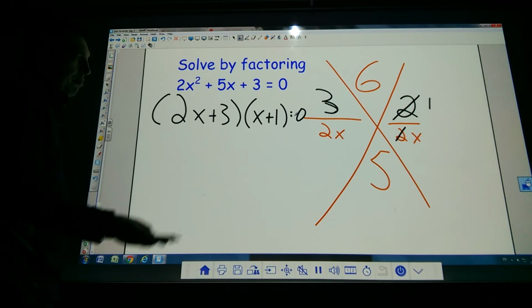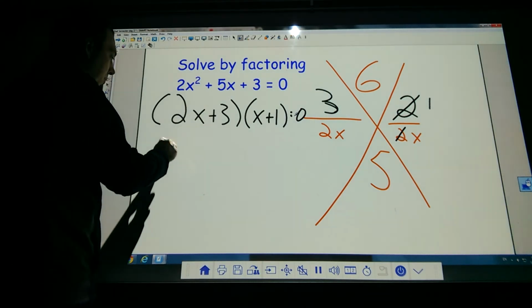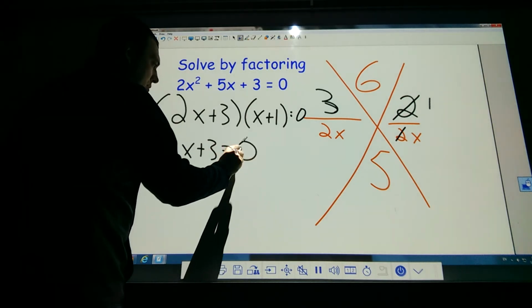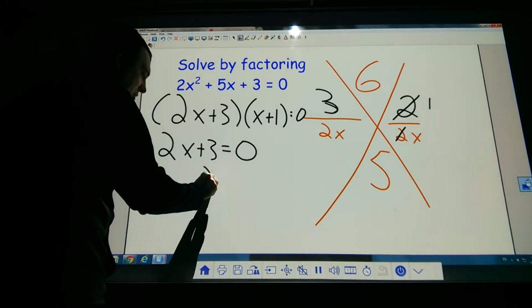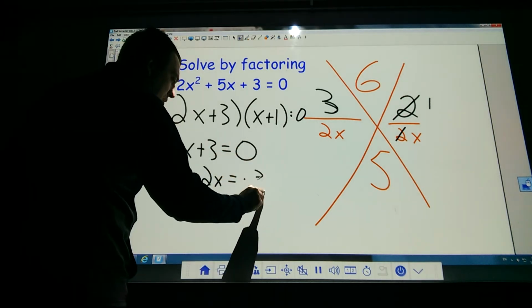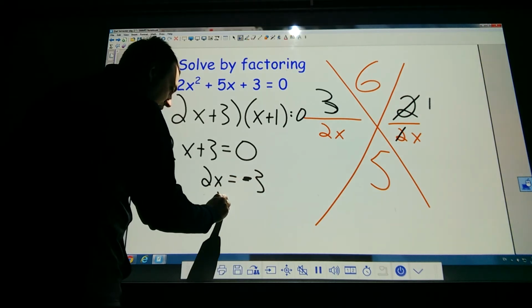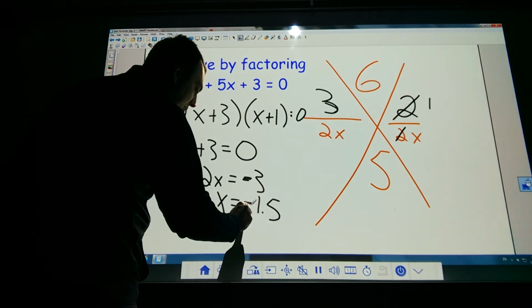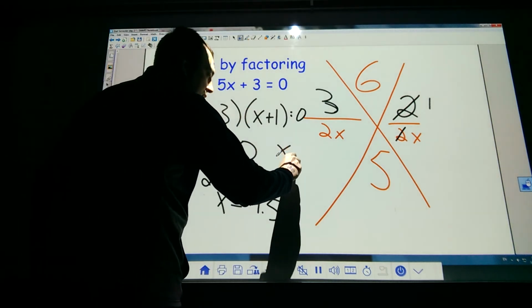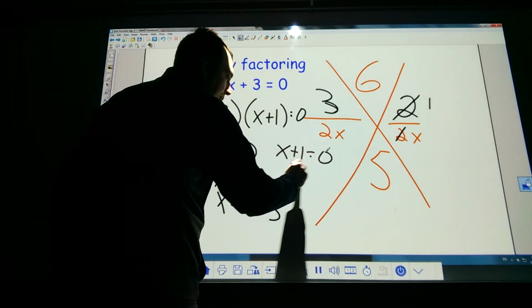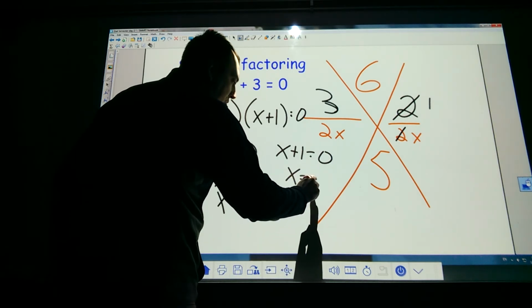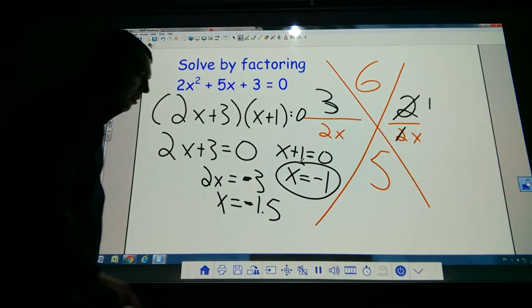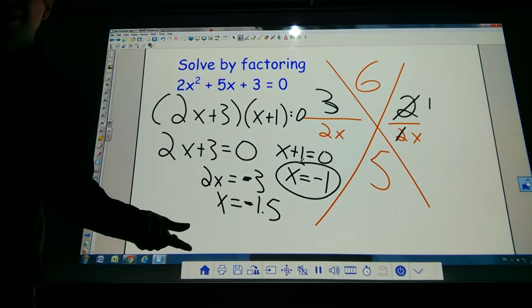Now I set both of those equal to 0. 2x plus 3 equals 0. So x is going to equal negative 1.5. And then x plus 1 equals 0. X equals negative 1. We will review this later, but I thought, hey, might as well show it to you now.